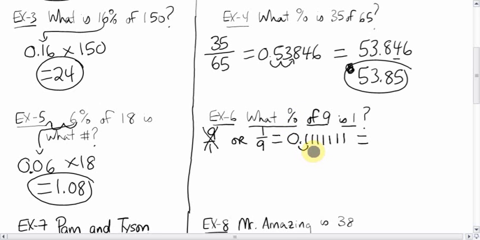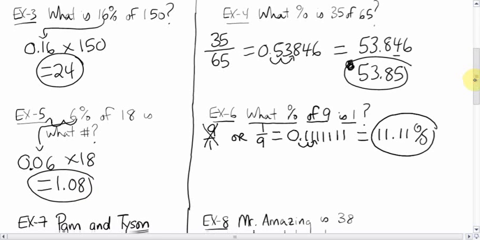We move it two spots to the right, and you get 11.11 going on forever, but you realize that there's a 1 after here, which is less than 5, so it keeps this one exactly where it is. So it's to two decimal places, 11.11%. Done. Another little thing, if it asks for percent, put a percent there. If it gives you percent, don't put a percent here.